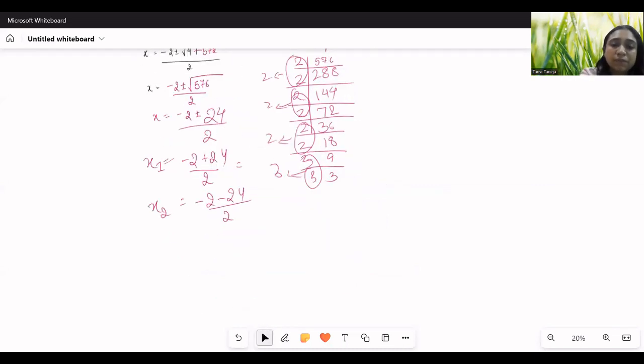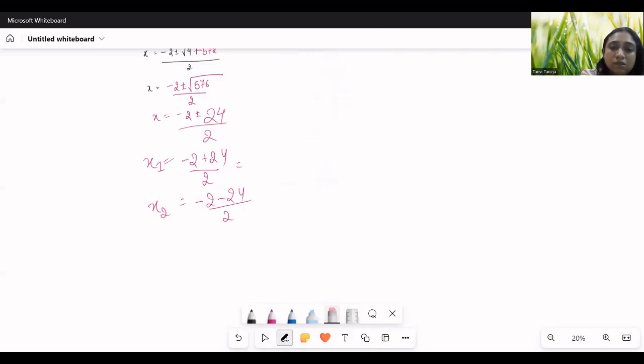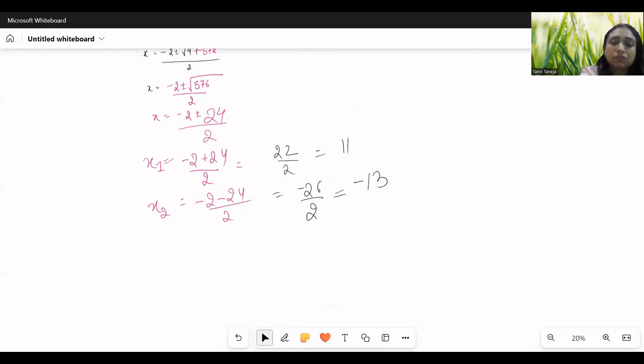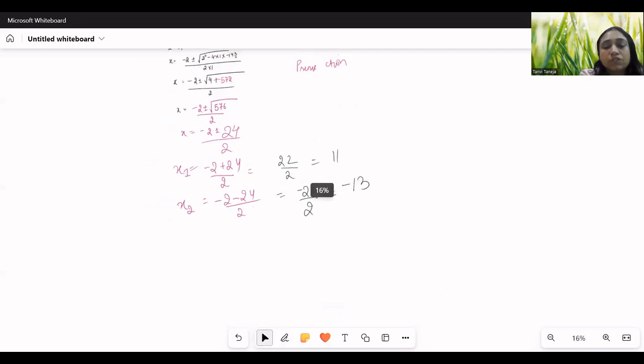My first root will be 22 over 2, that is 11, and the second will be minus 26 over 2, that is minus 13. So there are two roots of this equation: 11 and minus 13.